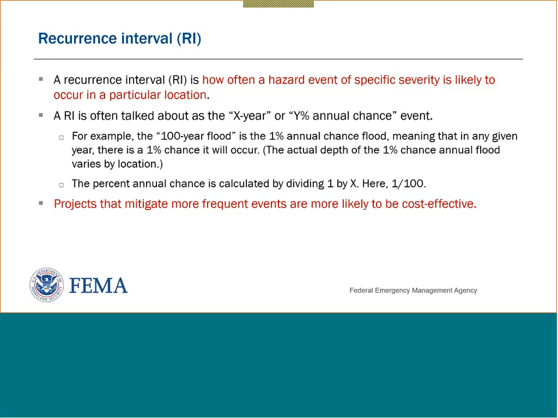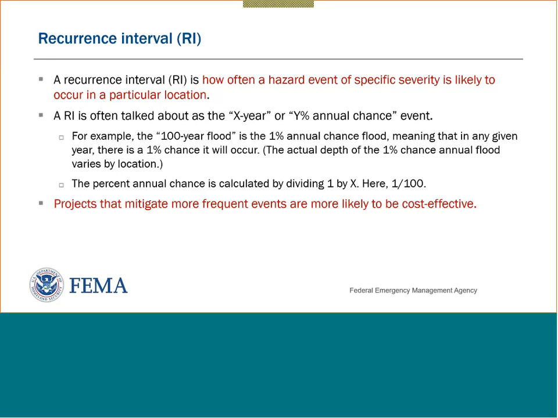That means on average we can expect a flood of this size or greater to occur within a 100-year period. We can't predict that it will occur in a particular year, only that each year has a 1 in 100 chance of having a flood of that magnitude. It also doesn't mean that only one flood of that size can occur within 100 years, but that's where the probability lies.